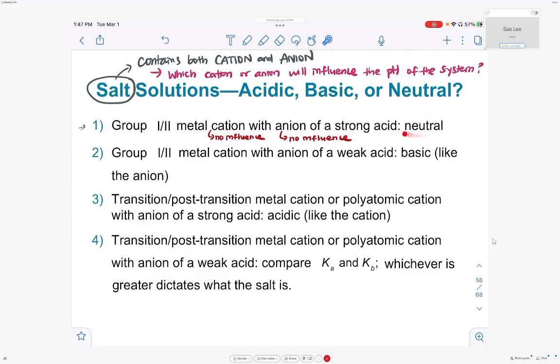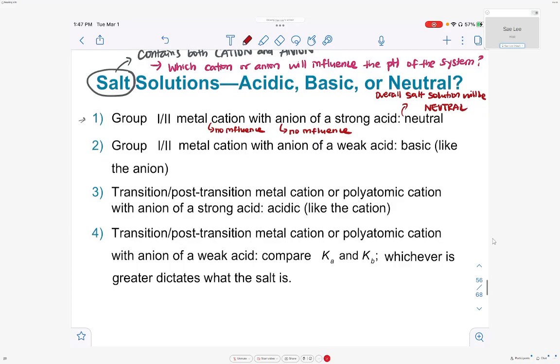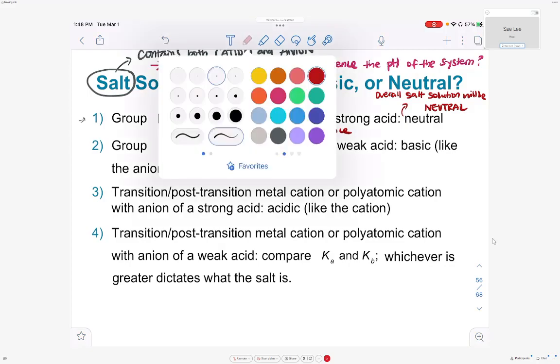Okay, so the overall salt solution will be neutral. Neither cation nor anion are affecting the pH of the system, as they both have no influence on the pH of the system.